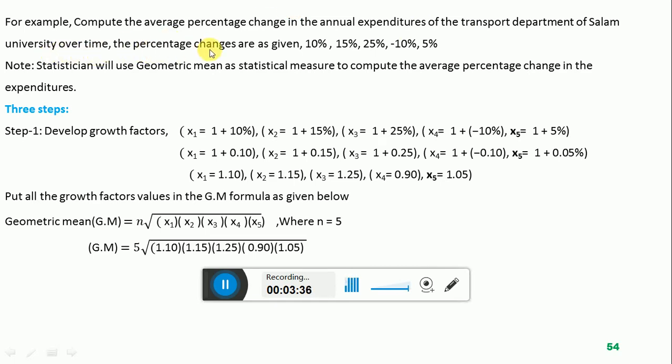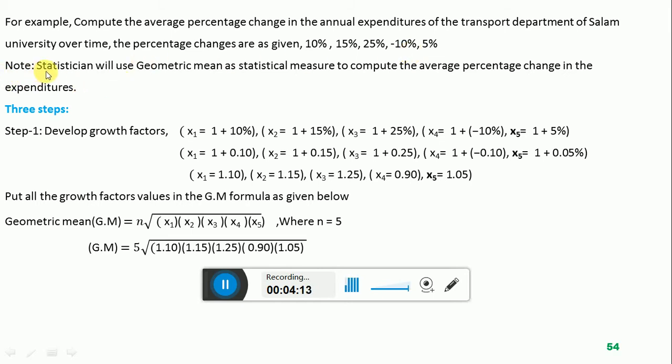The percentage changes in the annual expenditures of the transport department are as given: 10% increase in expenditures, 15% increase, 25% increase, 10% decrease in expenditures, and again 5% increase. All those values which are positive define an increase in expenditures annually, and the values which are negative show a decrease in the annual expenditures of the transport department of Salam University.